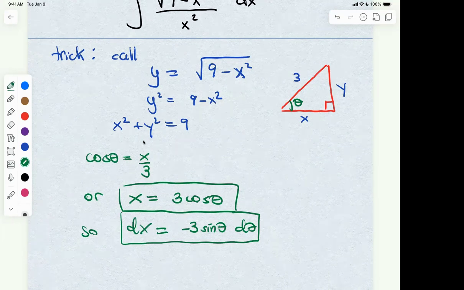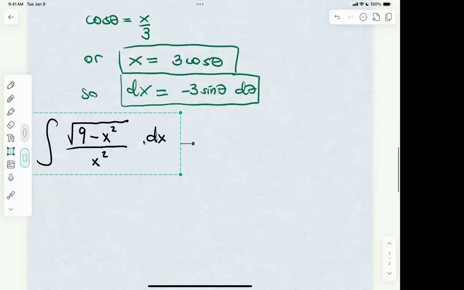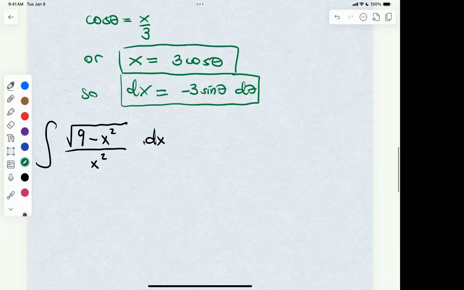Let's plug everything in to see what happens. So what happens with this expression? 9 is still 9.